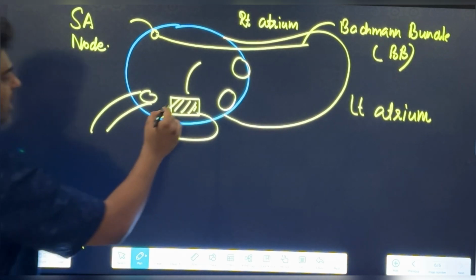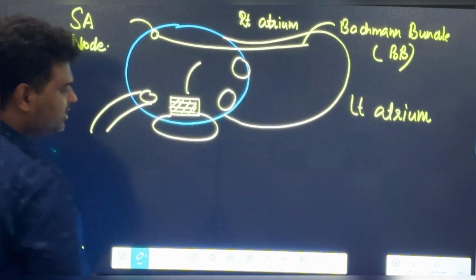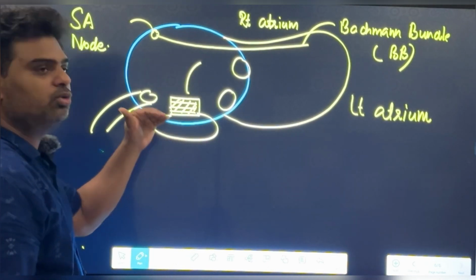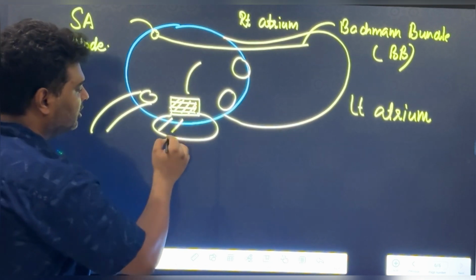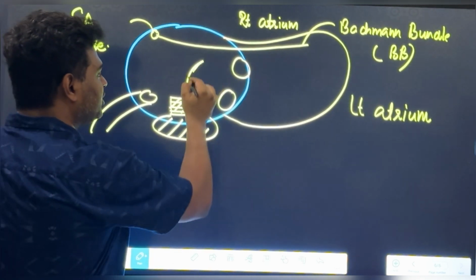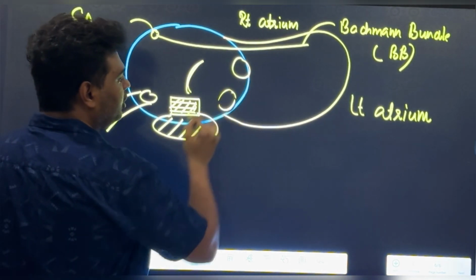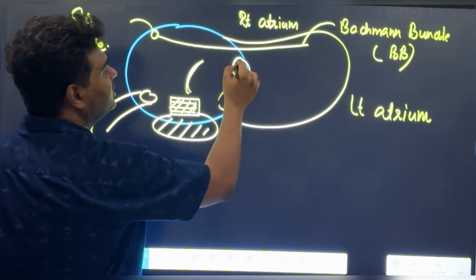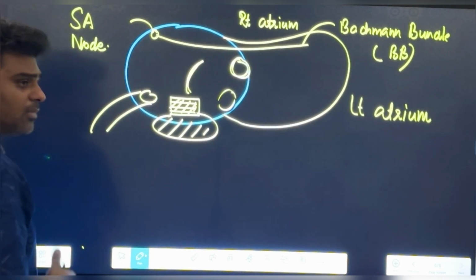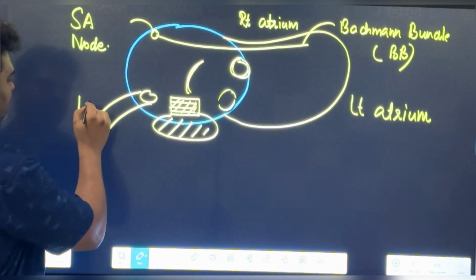Now, this is cavo-tricuspid isthmus, which is present posterior to the tricuspid, and this is tricuspid annulus, this is Eustachian ridge, this is your coronary os, this is the fossa ovalis, and this is the IVC.